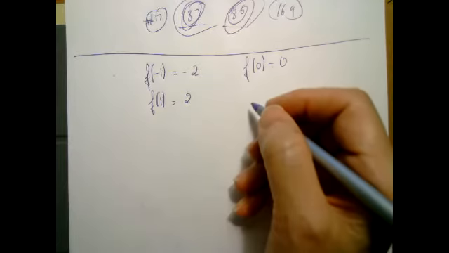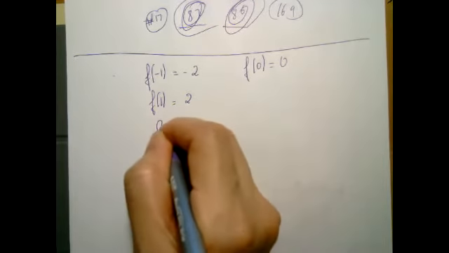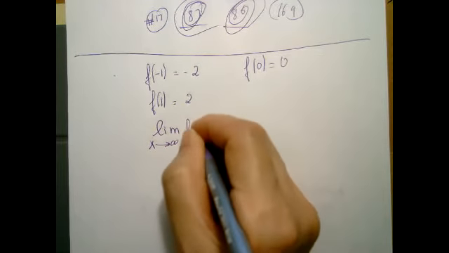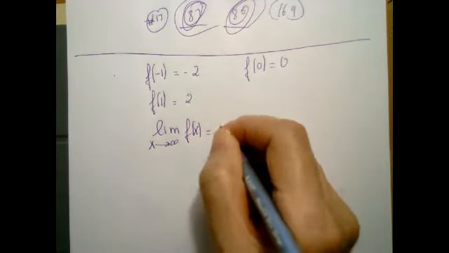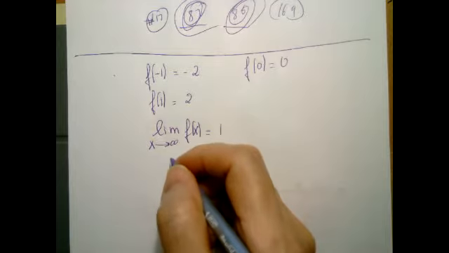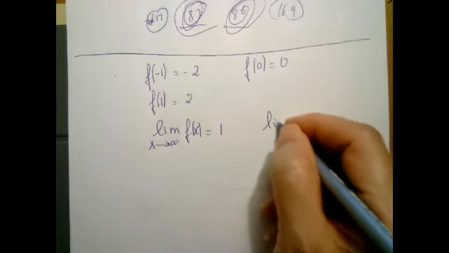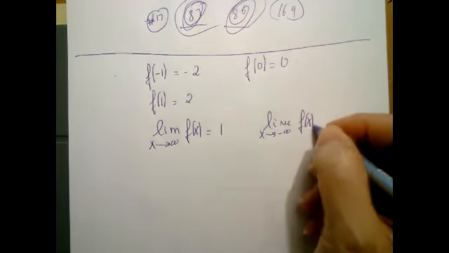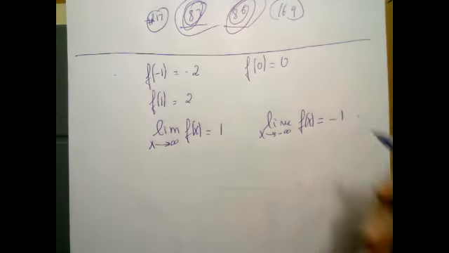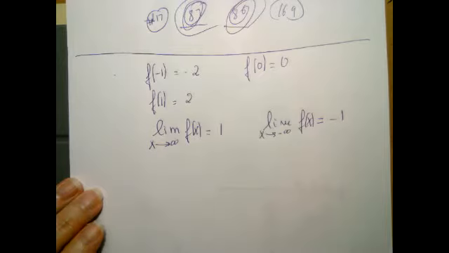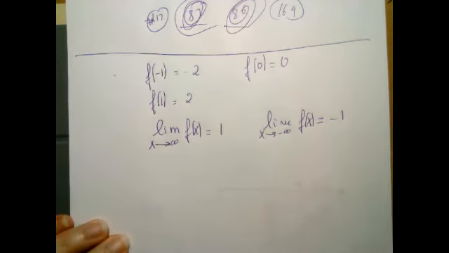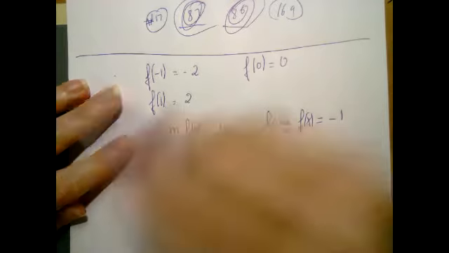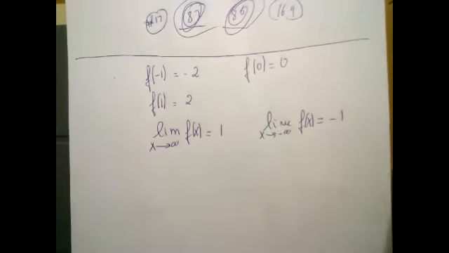And the limit as x goes to infinity of f of x is 1. And the limit as x goes to -infinity of f of x equals -1. All right, so we want it to take -1 to -2, 1 to 2, 0 to 0.